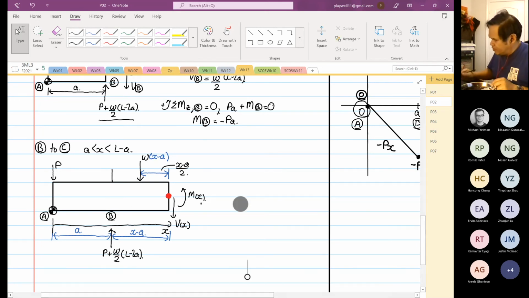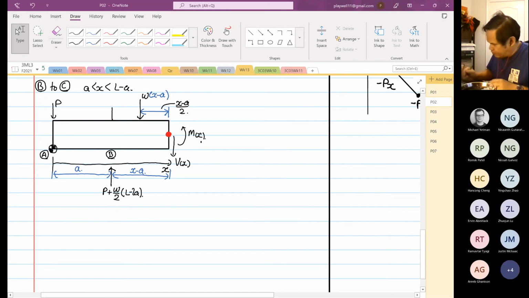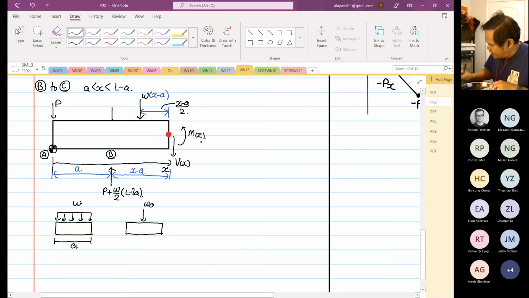Okay, let me help you do a recall. If you have an evenly distributed load, and the distance from here to here is A, and this is omega, the equivalent load, when you construct your free body diagram, is omega A. And from here to here is A over 2.